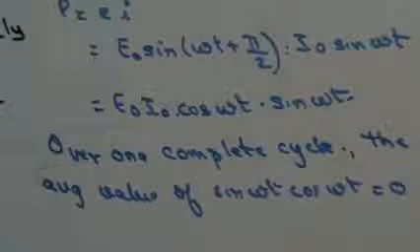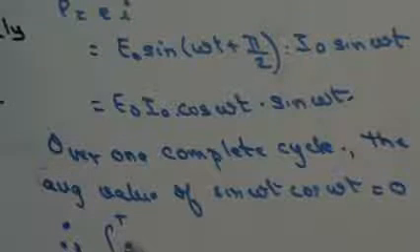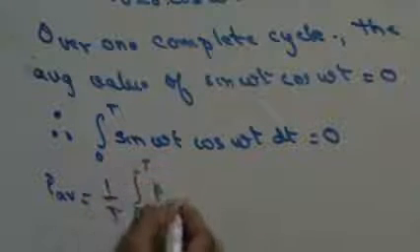So I can therefore say that integral of 0 to T sine omega t cos omega t dt is equal to 0, right? Thus the average power in the circuit is nothing but 1 upon T integral of 0 to T P dt. That's the formula for average power in the circuit.